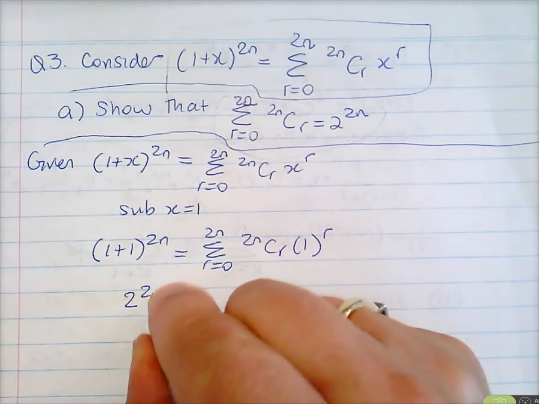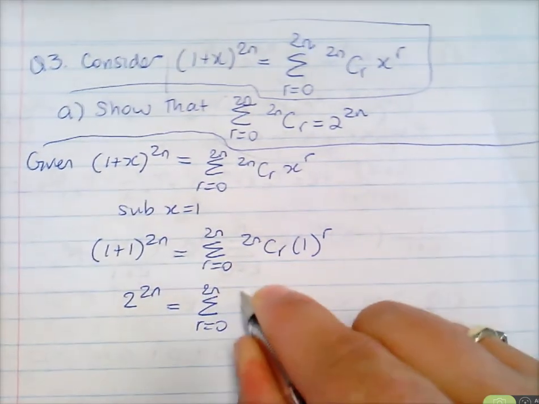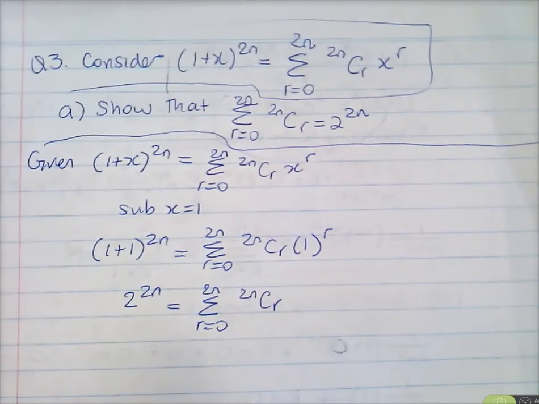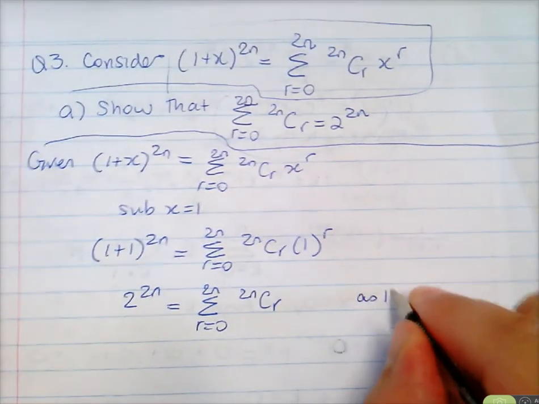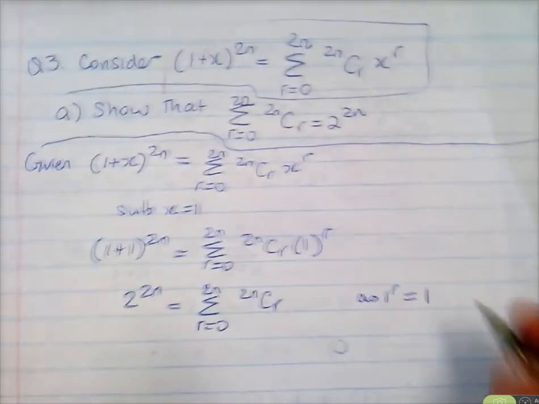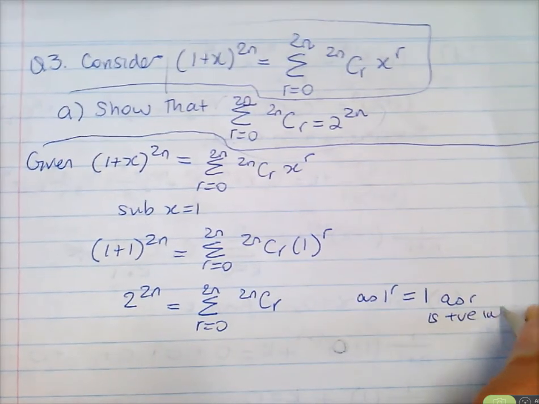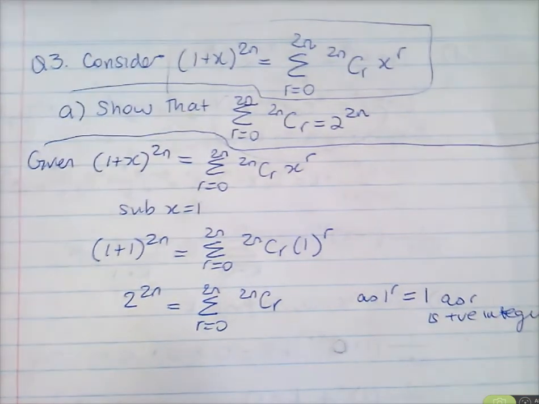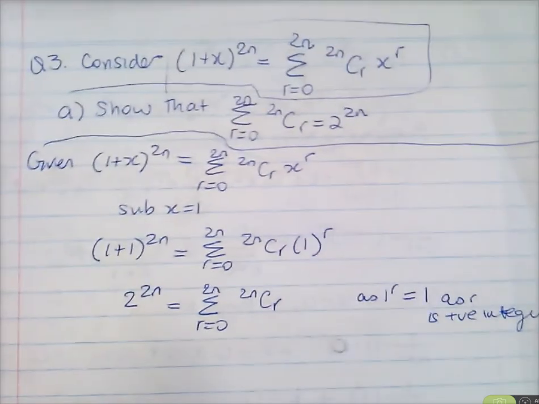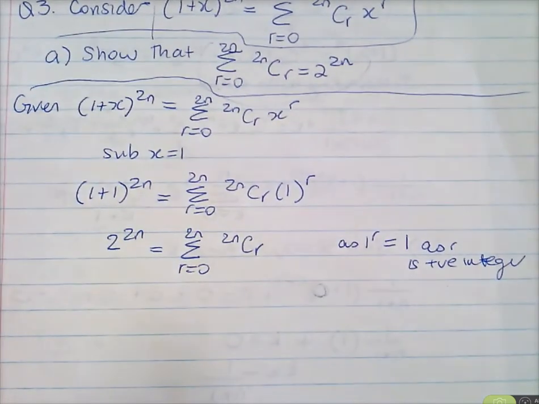So therefore 2 to the 2n equals the sum from r is 0 to 2n of 2nCr, because we know that 1 to the r is always equal to 1, as r is a positive integer. So 1 to the power of r is always 1. So that's part A.